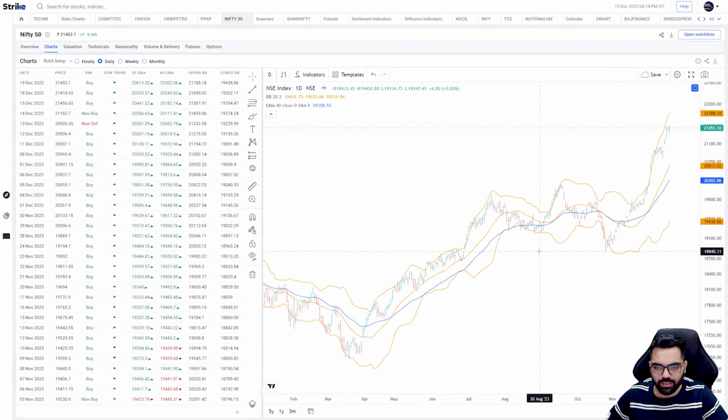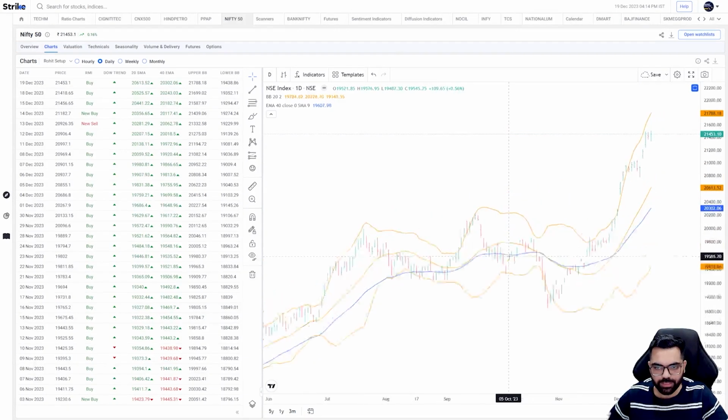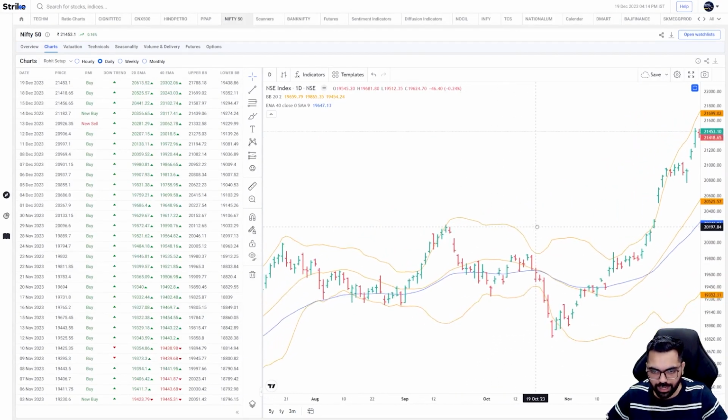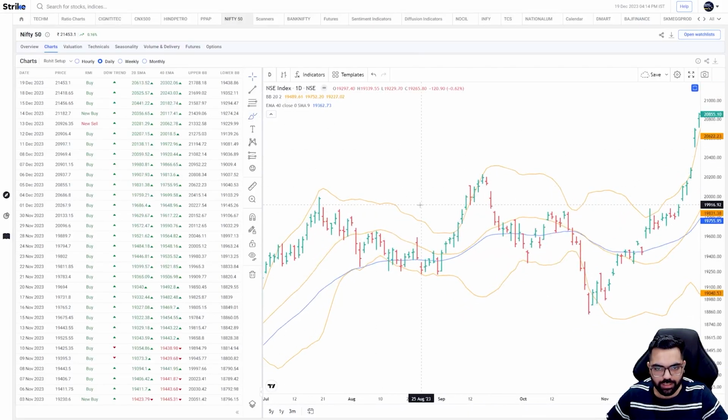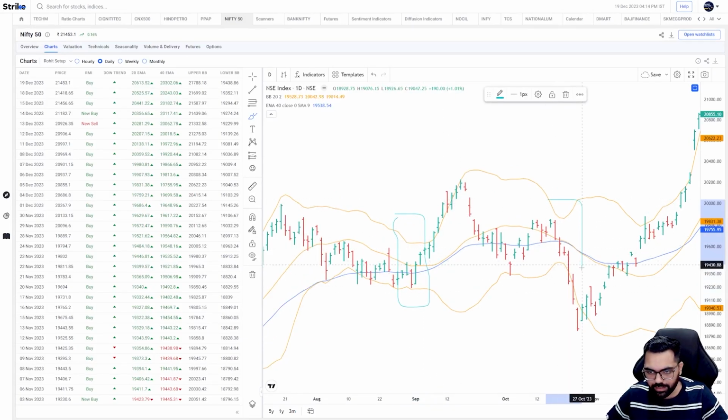Bollinger Bands adapt to market volatility, which means they contract or expand according to market conditions. When the volatility is low, as you can see multiple times on this chart, as in this time, again this is where the Bollinger Band squeezes.